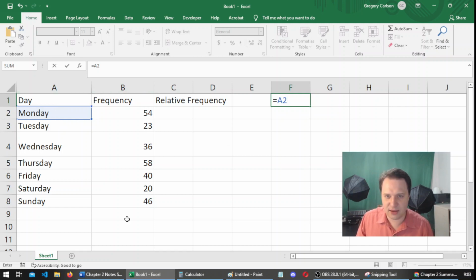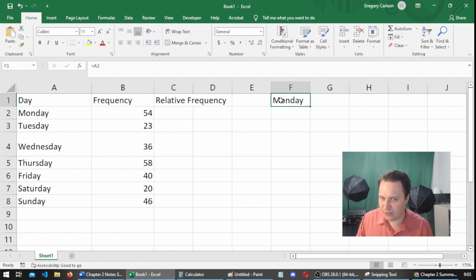The letters are the columns, and the numbers are the rows. So if I write equals A2, notice that it highlights the cell at A2 right there. And if I hit enter, it throws the word Monday there. Now, this isn't Monday. It's equals A2. But because the value at A2 is Monday, it just copies and pastes it right there.